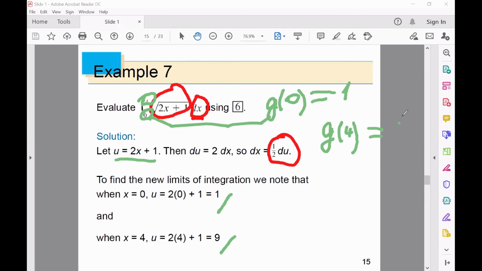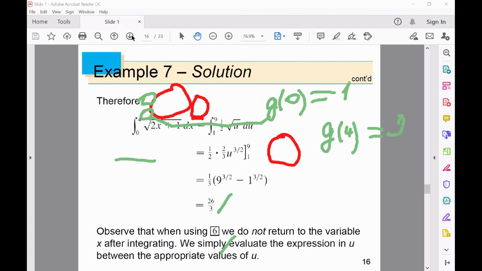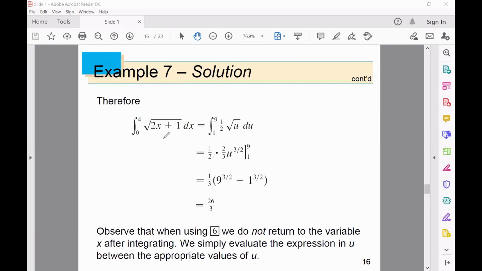Then we are done, but I have to put it all in one formula. We replace dx with half du, the root with root u, and the bounds, which were 0 and 4, become 1 and 9. Why 1 and 9? Because G of 0 equals 1 and G of 4 equals 9. Then it's done. Of course, we don't return to x, because we wrote everything in terms of u.